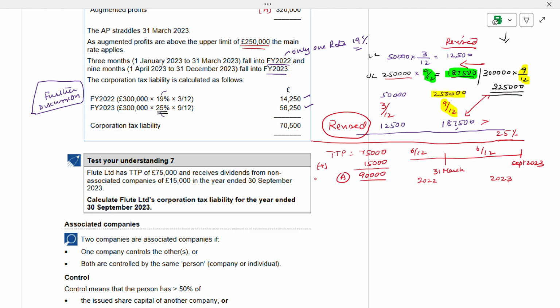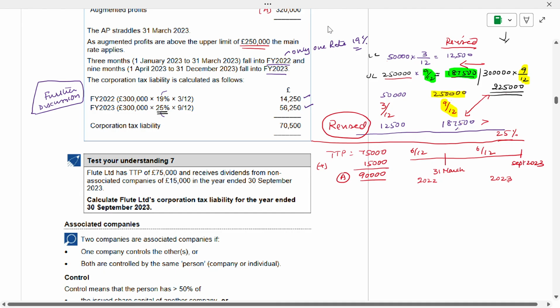Okay, slowly do it. Now, augmented profit is how much? Augmented profit is 90,000.